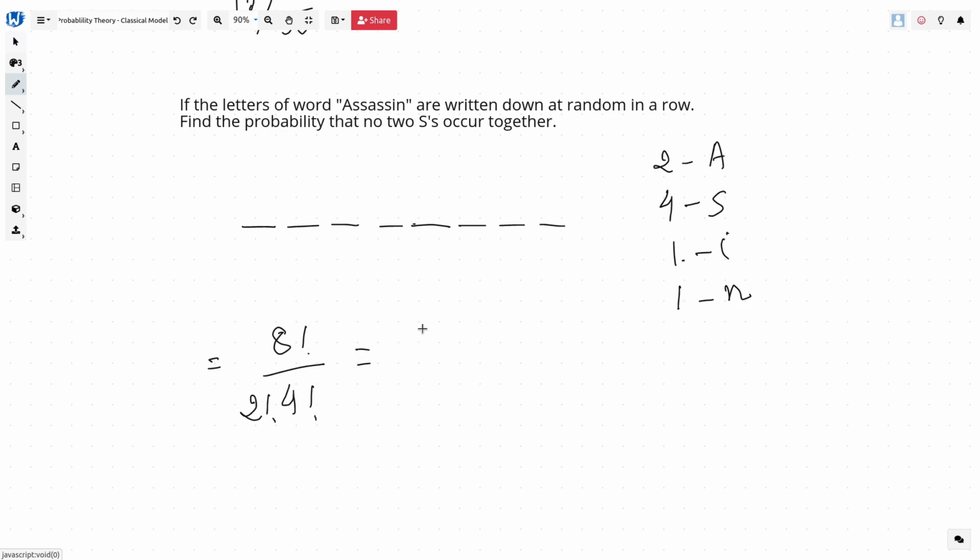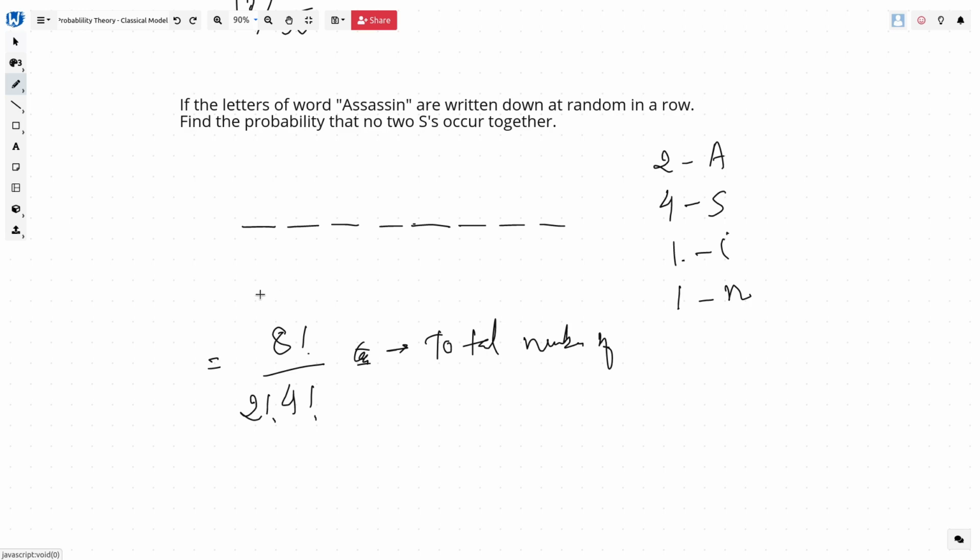So we leave it here that these are the total number of ways. Now let's try to find the probability that no two S occur together. So if you put the A, I and N, we'll use the counting principle, the way we used to count. We can put A, A, I, N into four places.